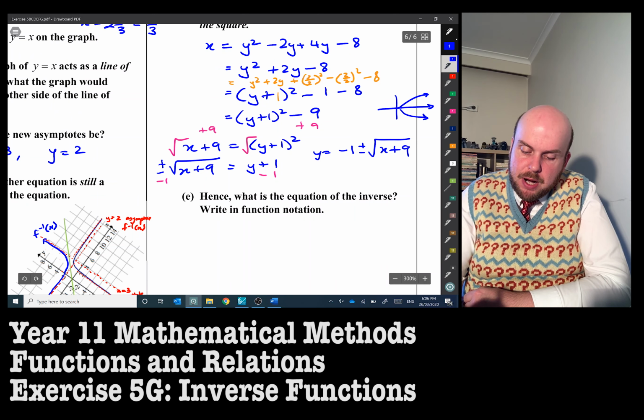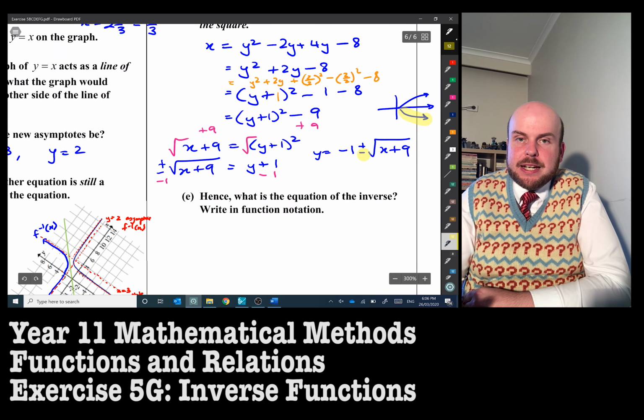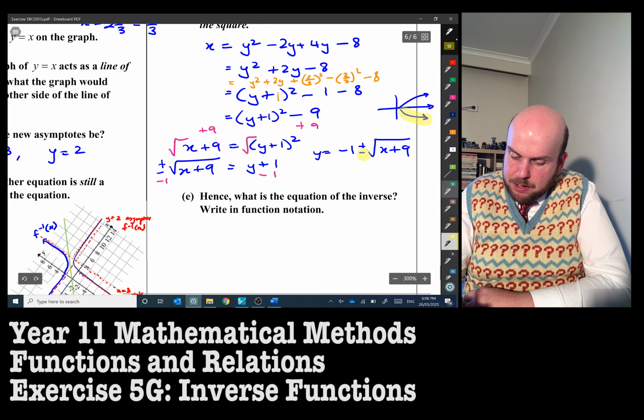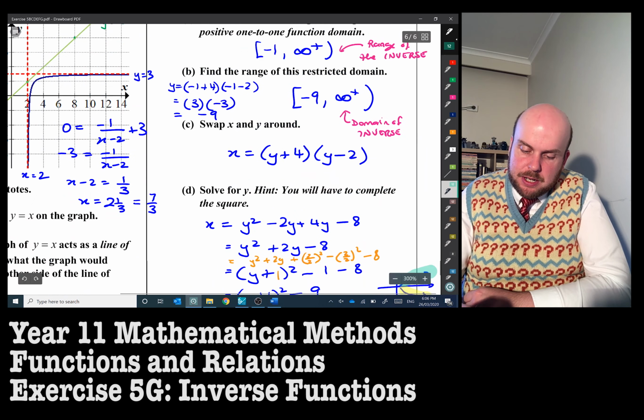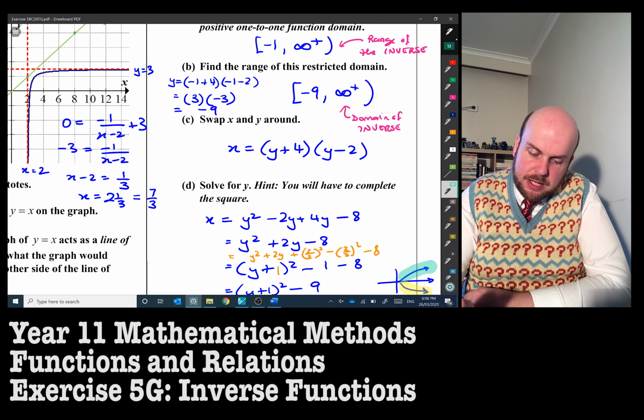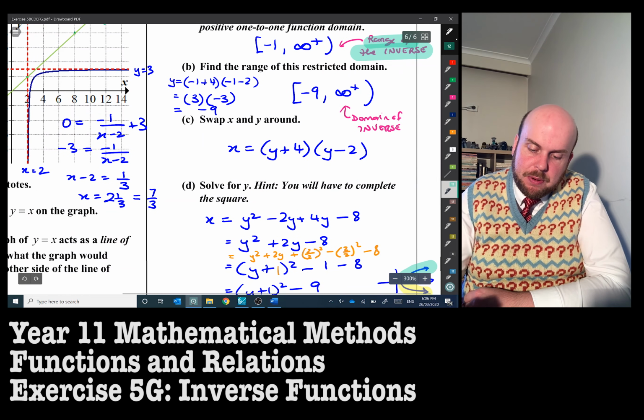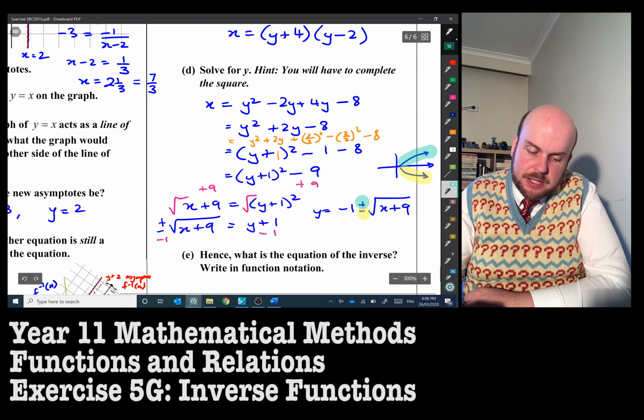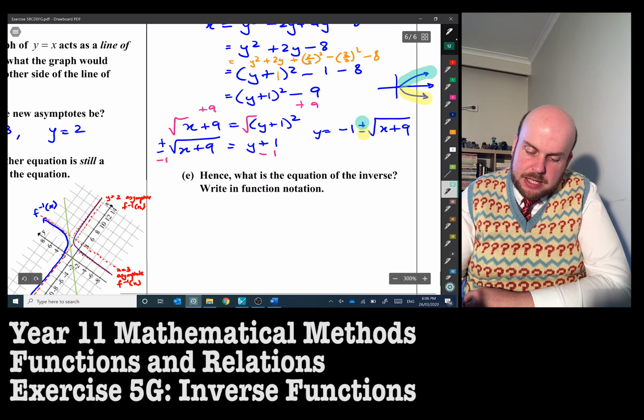So -1 minus, if I was just to highlight that one, the minus, that's this one down here. Whereas the positive one is the one up here. So considering that we want the one that has the positive range, this is the one that we want.